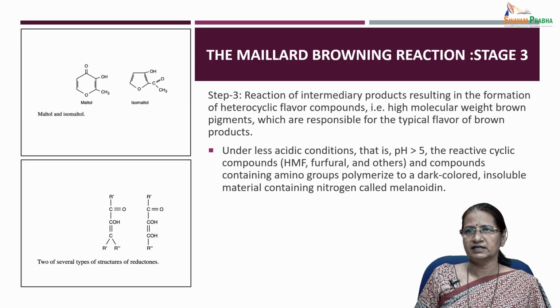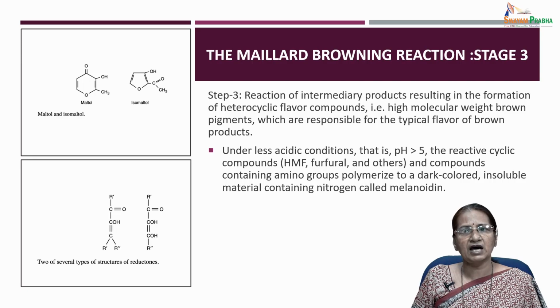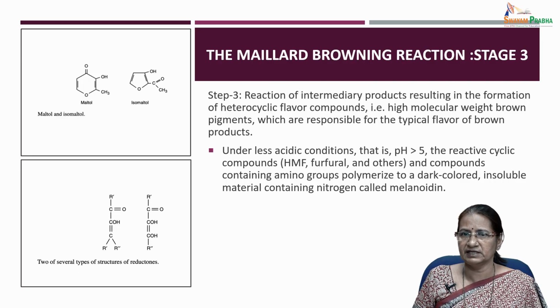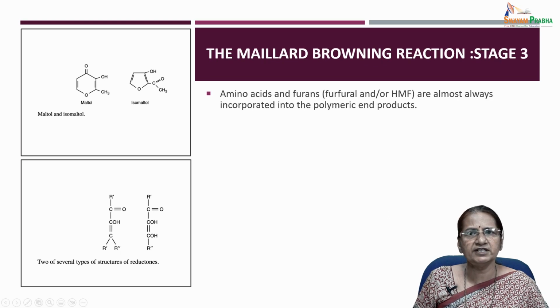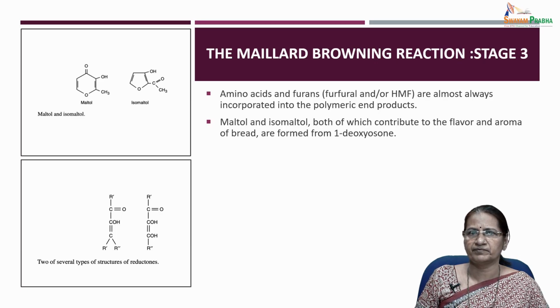Under less acidic conditions, that is pH more than 5, the reactive cyclic compounds, that is HMF, furfural and others, and compounds containing amino groups polymerize to a dark colored insoluble material containing nitrogen called melanoidin. Amino acids and furans, that is furfural and HMF, are almost always incorporated into the polymeric end products.